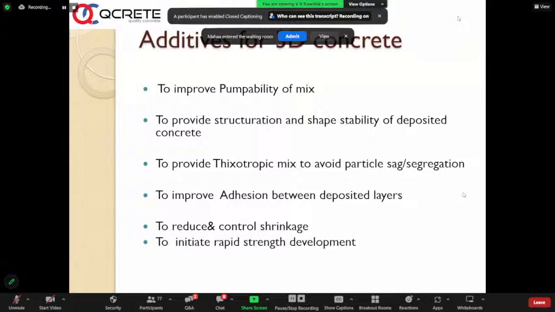There should be reduction in shrinkage because the cement contents are high, and it should initiate rapid strength development. So a lot of companies, a lot of work is going on throughout the world in improving the performance of admixtures to make the admixtures suitable to produce the best 3D concrete.